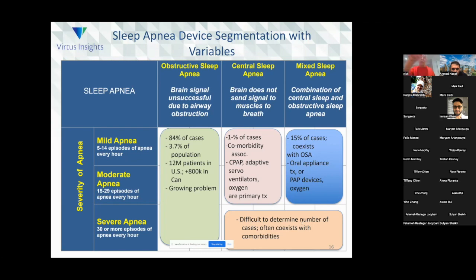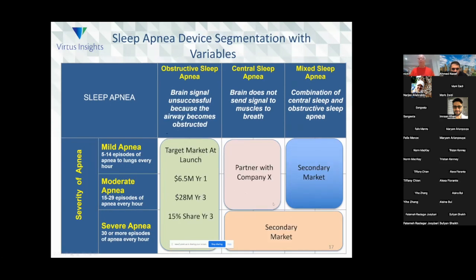This is your total addressable market. The company that did this exercise made the following decisions. They're going to launch their mandibular splint in the obstructive sleep apnea market segment of the total addressable market. Their secondary market is on the right because multiple modality treatment may be required to treat mixed, including a mandibular splint.